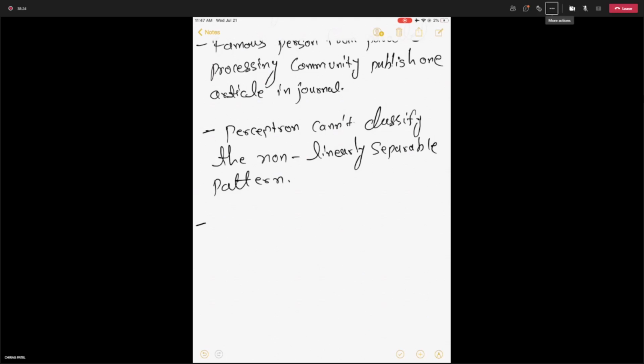So the second claim was that the perceptron requires an immense amount of computational power, and at that moment we didn't have such computational power.